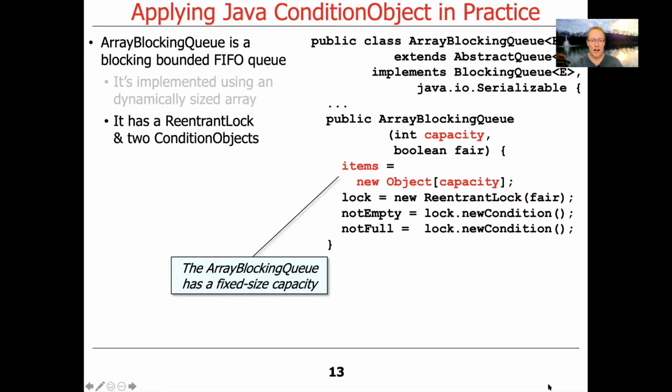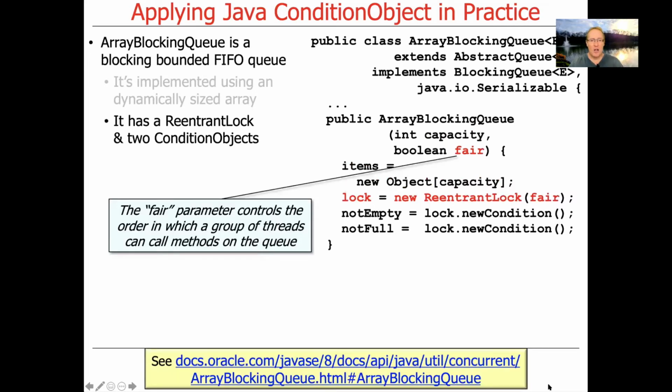There's also another parameter here called fair, and much like the things we talked about when we discussed reentrant locks and the semantics of semaphores, fair can be used to control the order in which a group of threads can call the methods on the queue. So you can either have fair or non-fair semantics for your reentrant lock, depending on what parameter you pass in.